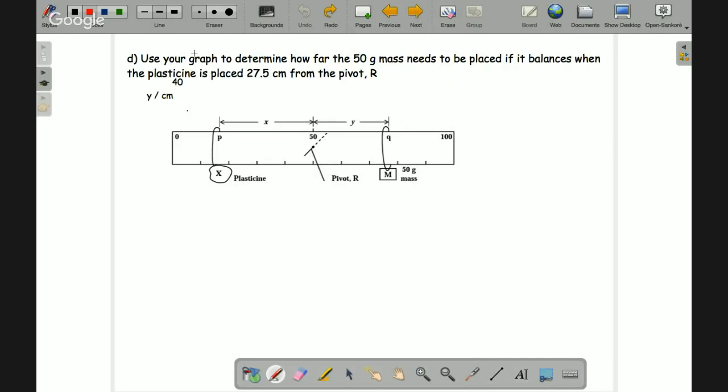0.916. All right. Use your graph to determine how far the 50-gram mass needs to be placed if it balances when the plasticine is placed at 27.5 centimeters on the pivot. Let me ask, are you guys following? Any questions? It's 8 o'clock now.